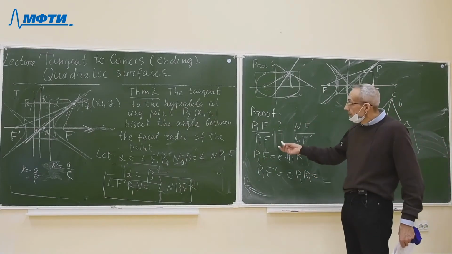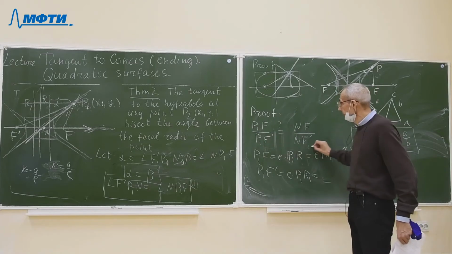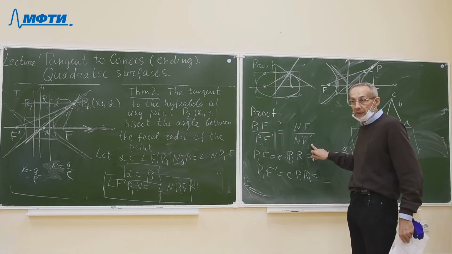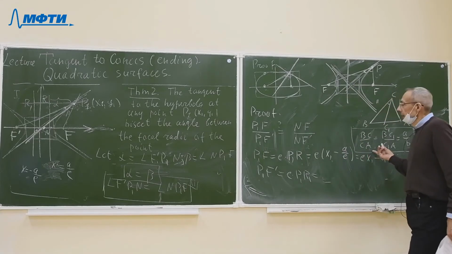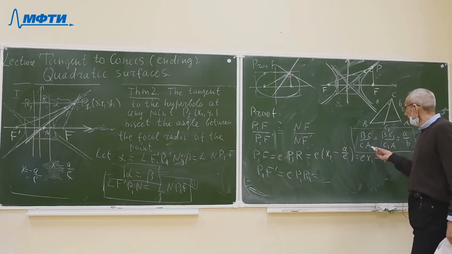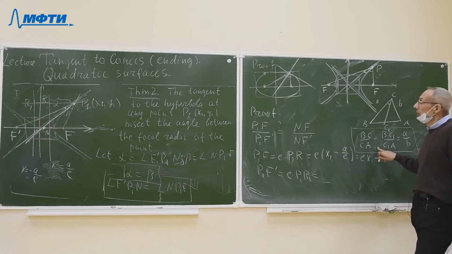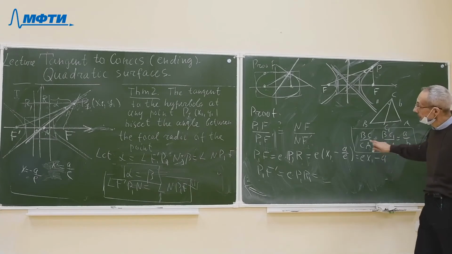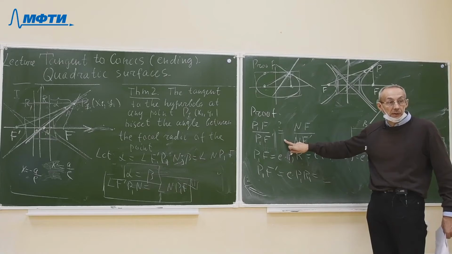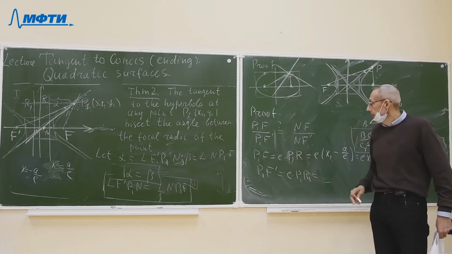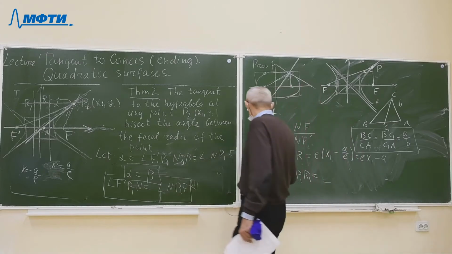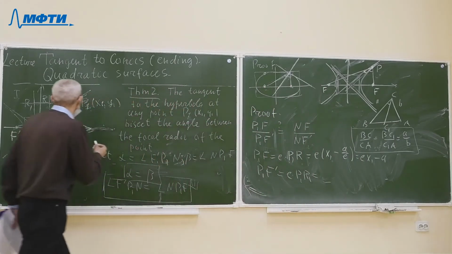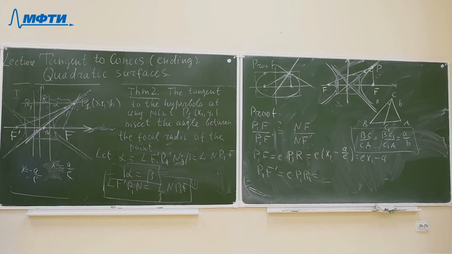If we prove this equality, we prove the theorem, because by the main property of bisectors it is sufficient to prove this equality, and from this equality follows the fact that this straight line is the bisector.